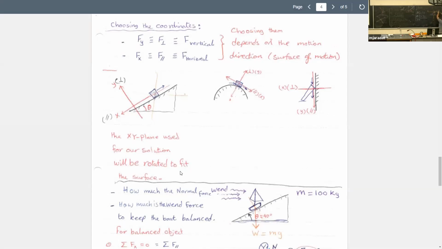We have F applied cosine theta. We have F sine theta from here. We have the weight in the negative x-axis, weight sine theta. We have the normal force purely in the positive y direction.